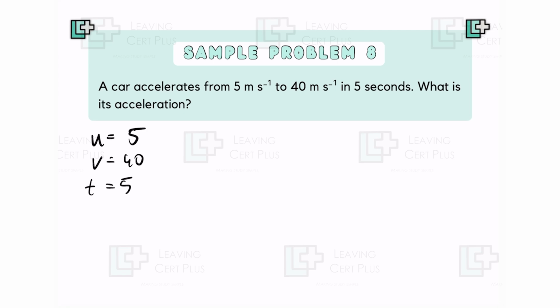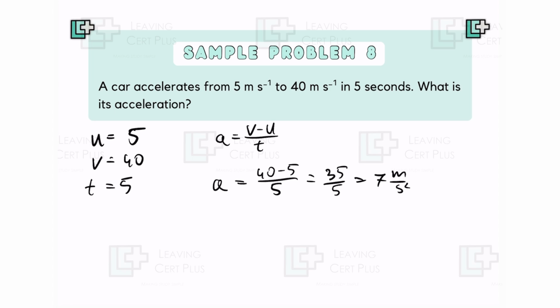I know that the formula for acceleration is final take away initial, divided by time. If I substitute the values into my problem, I'm going to end up with 40 take away 5 divided by 5, which is the same as 35 over 5, which is 7 meters per second squared. And that's the acceleration of this particular object.